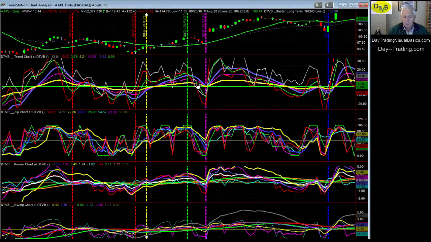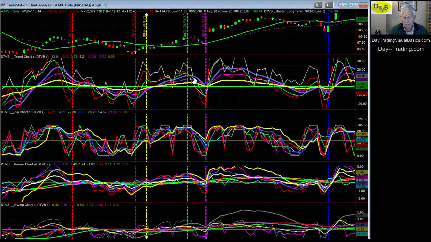And just an observation as well, if you haven't noticed it before, in issues with parallel lines, really the only key parallel lines that we watch are the trend red and the trend green.